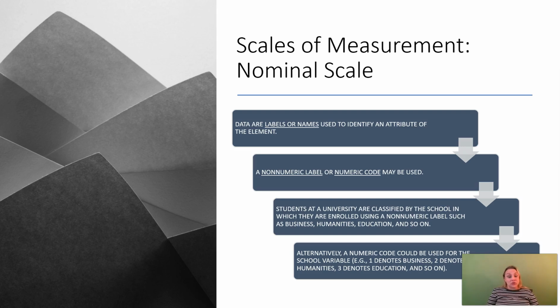You can also use a numeric code to describe the school variable as well. But in this case, notice that 1 versus 2 numerically doesn't have any value, but it is indicating that that observation belongs to one group versus the other.